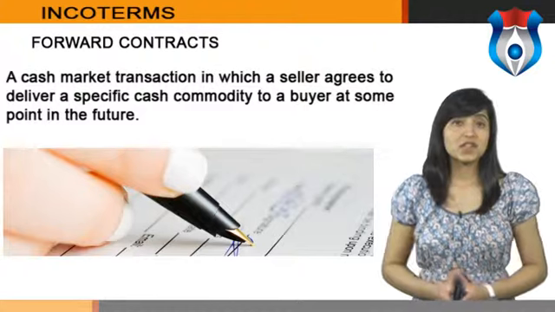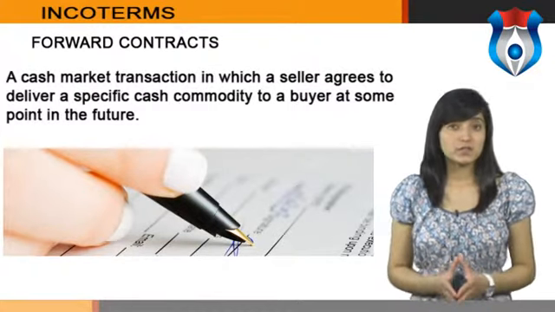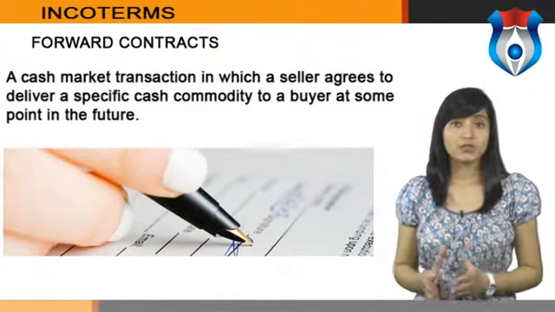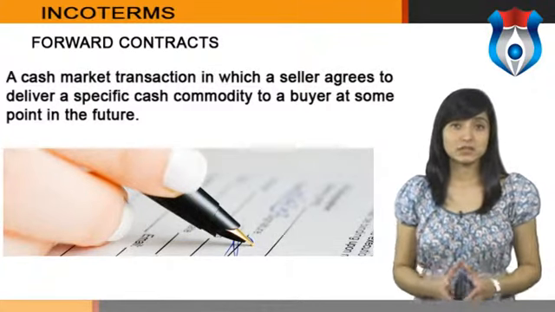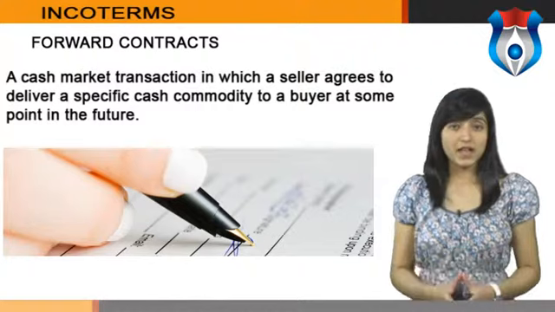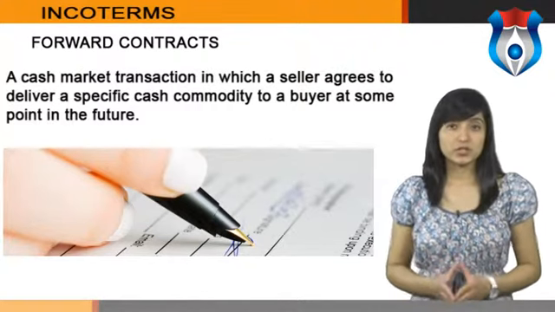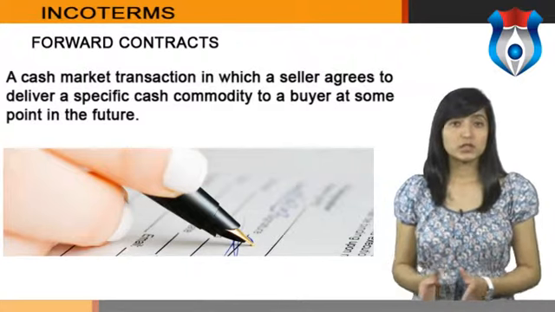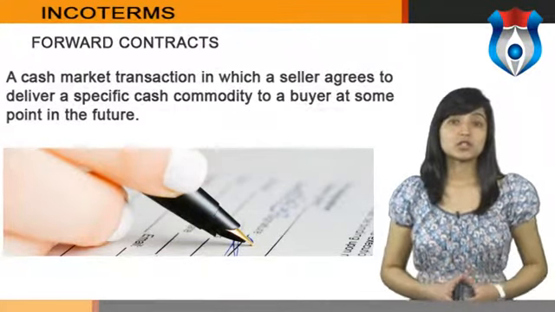The forward price is the price specified in a cash forward contract for a specific commodity. The forward price makes the forward contract have no value when the contract is written. However, if the value of the underlying commodity changes, the value of the forward contract becomes positive or negative, depending on the position held.